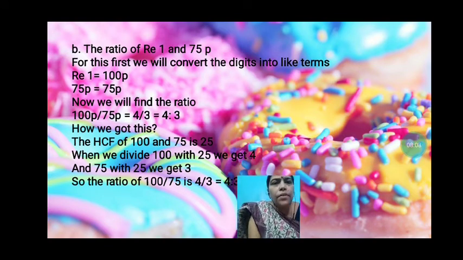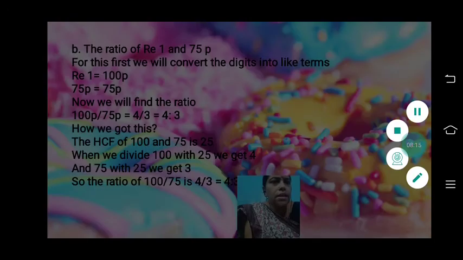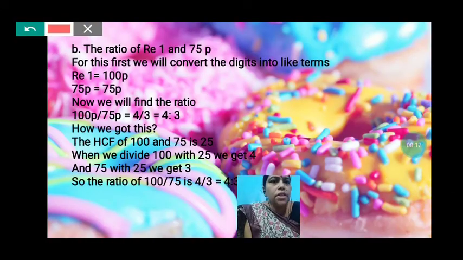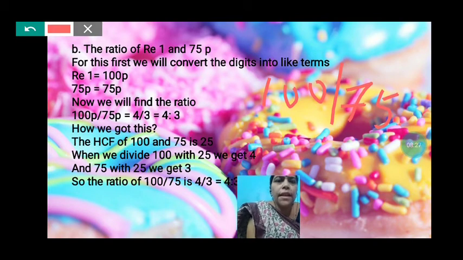So now we will find the ratio 100 paise divided by 75 paise, that is 100 divided by 75. We can reduce this to its lowest term.